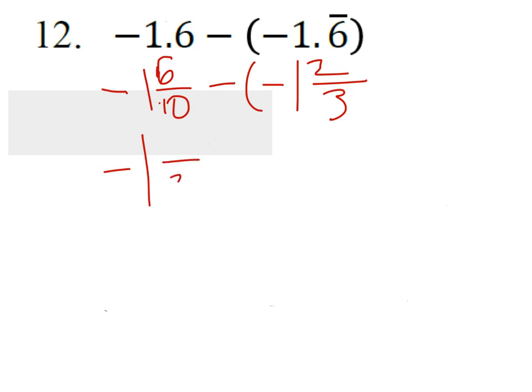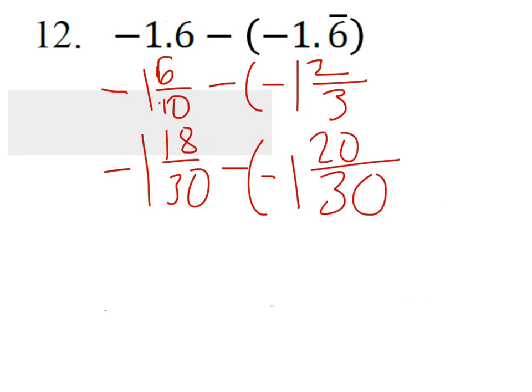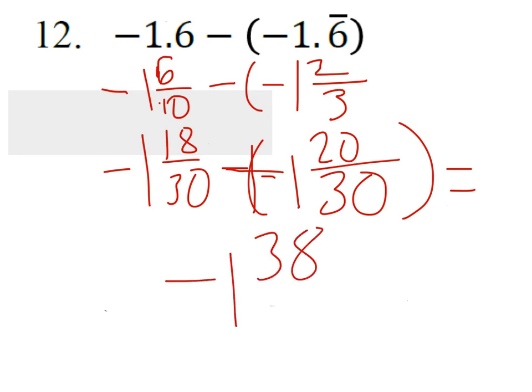So it's over 30 and 20 over 30. And you change this into a plus sign, and so it will be this.